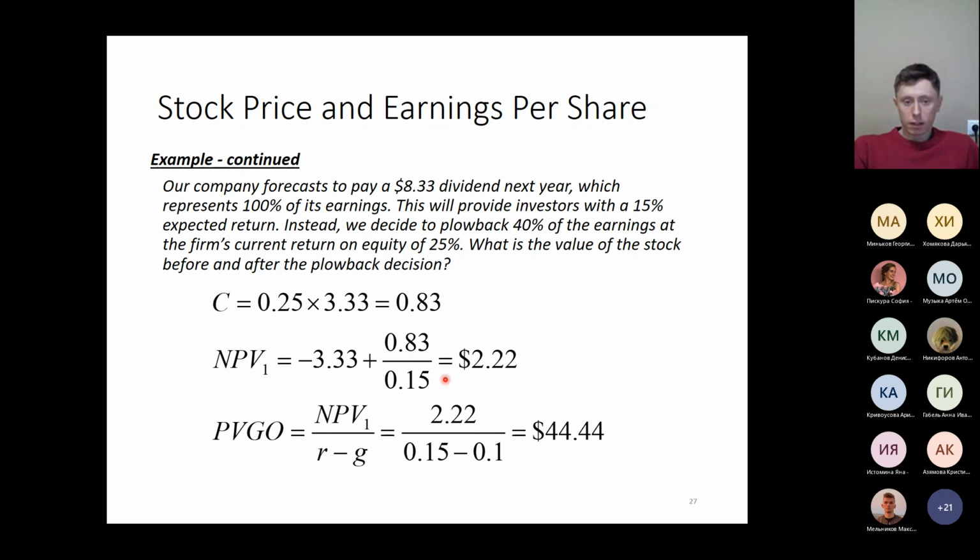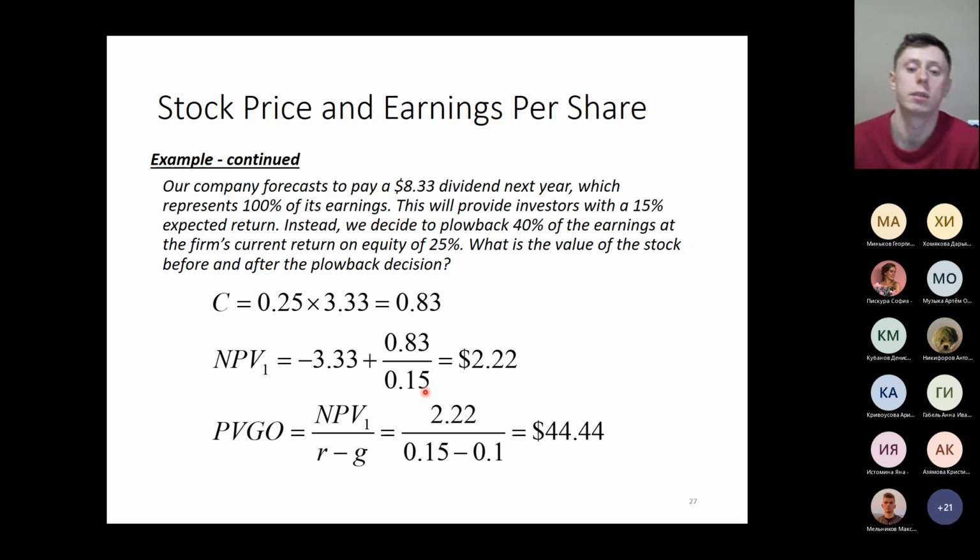Then we divide it by the expected return in order to estimate the NPV of this decision. And this decision has a positive NPV. It means that it's worth it for us to reinvest this fraction of the money into the business.